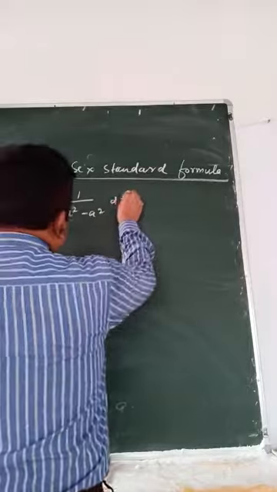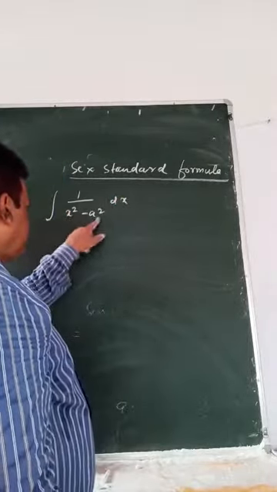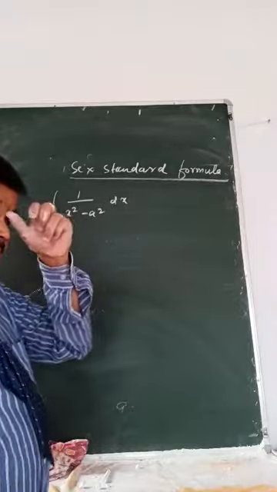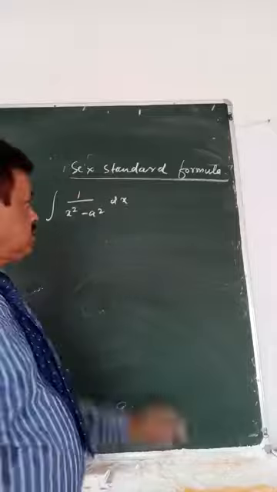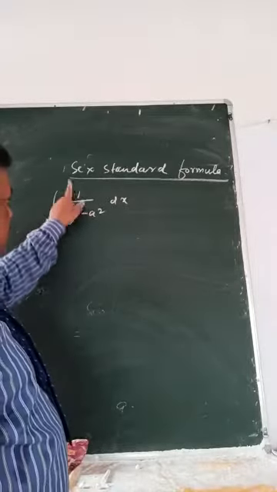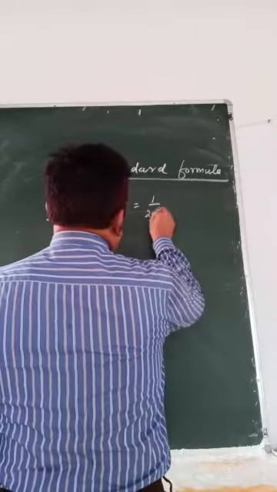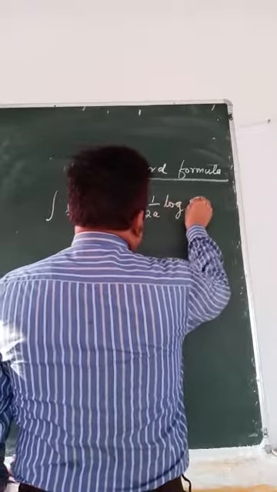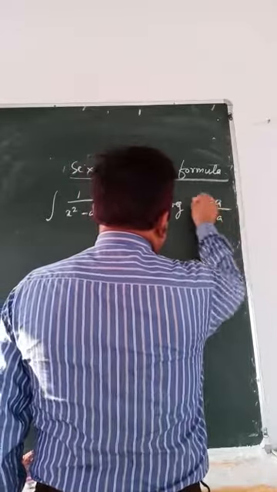Okay, in the 6th standard formula, these are algebraic terms. The numerator should be 1. So in square form, the numerator should be 1. Then it will be 1 by 2a log x minus a by x plus a.